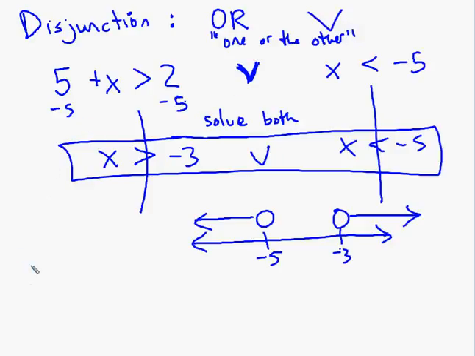Think of it like candy. Let's say I have a Snickers and I have a Twix, and I say to you, you may have a Snickers and a Twix. What are you going to do? You take them both, right? You eat both the Snickers and the Twix, or you hoard them and put them somewhere.